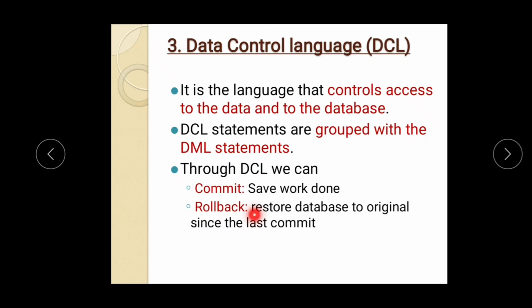Restoring the database to its original state since the last commit is called a rollback. So if any database loss occurs, it will be restored to the last saved point.